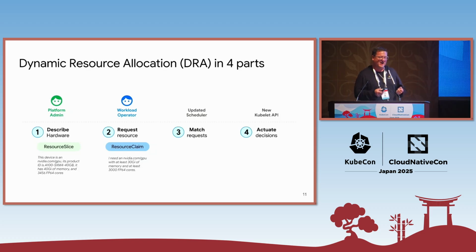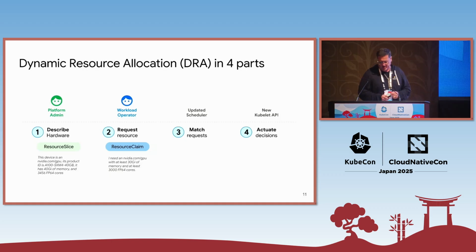So then even if you don't have any exact A100 40 gigs, but you have some 80 gig ones available, your workload can run. That kind of flexibility, both on the richness of the API for the vendor to specify how their device works or what it looks like, and the richness of the API for the user to request, enables a lot more functionality.